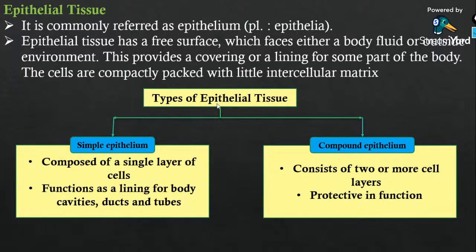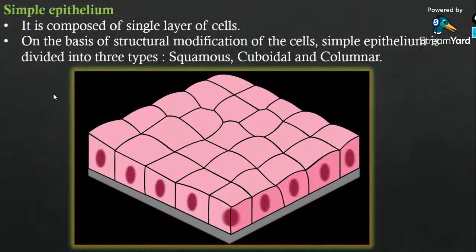Mainly there are two types of epithelial tissue: simple and compound. Simple epithelium is composed of a single layer of cells. Compound epithelium is composed of two or more cell layers. Simple epithelium functions as a lining for body cavity, ducts, and tubes. Compound epithelium is protective in function.